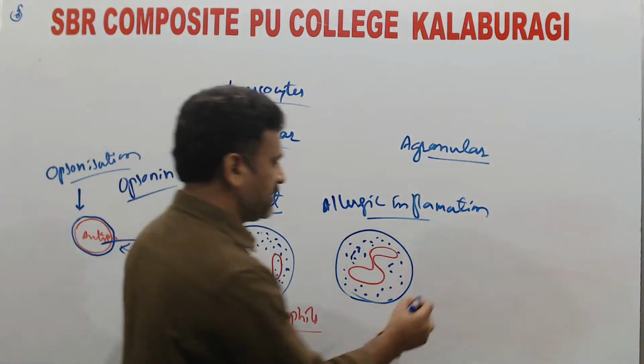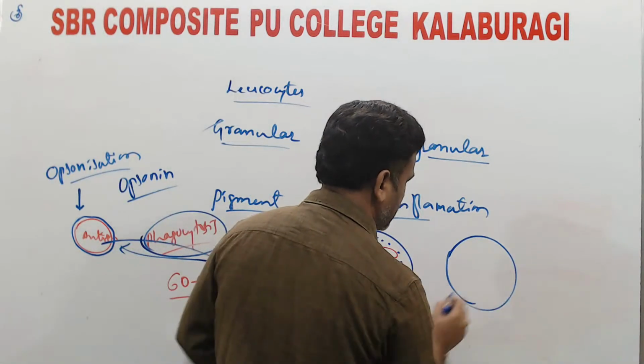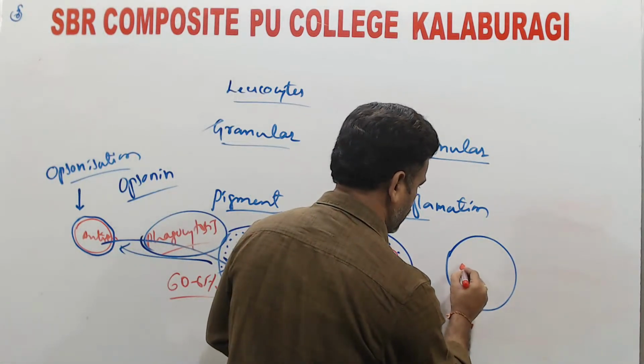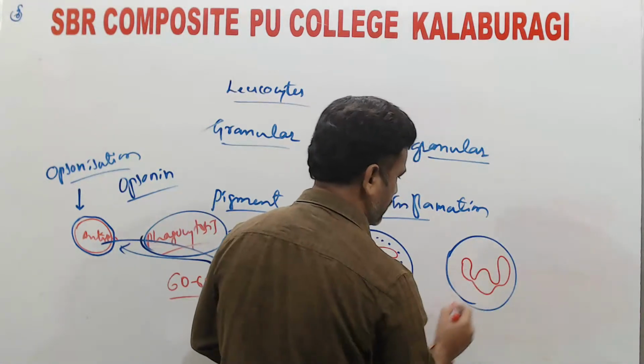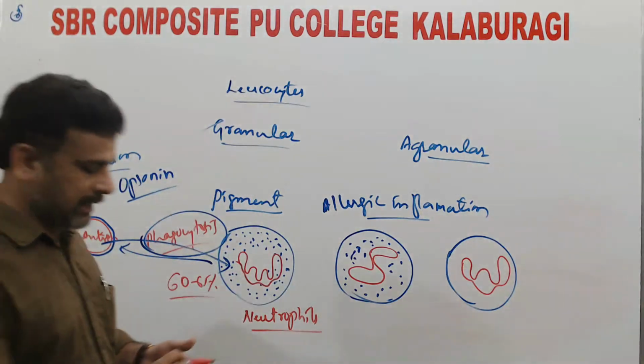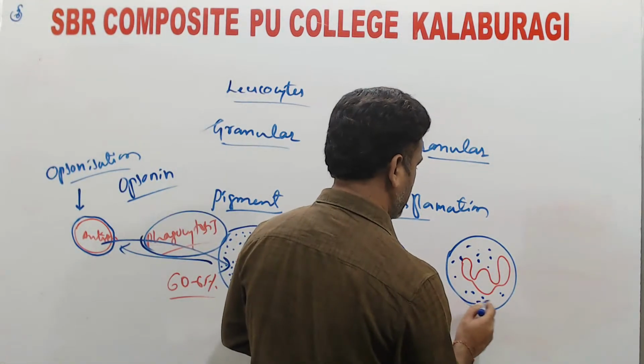Then the last one is the basophils. The basophils are the trilobed ones. Here also there is excessive deposition of the pigment.